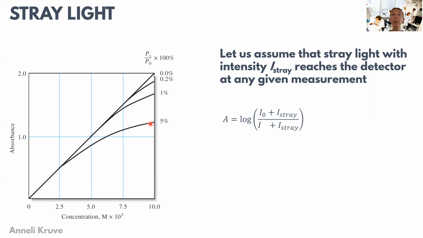And this is, for example, one reason why it's very important to close the cover of the UV spectrometers very carefully and very tightly to avoid any kind of light hitting the detector from our environment, to avoid this kind of issues with the stray light.